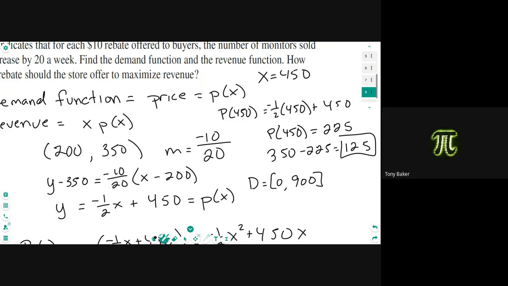This is why reading the question is important, because every one of those answers could have been the right answer for the problem, depending on how they were asked. This one's pretty simple because it's just a linear equation for the price. Not every demand equation is going to be a nice, simple linear equation.